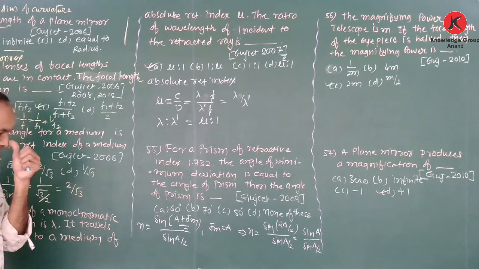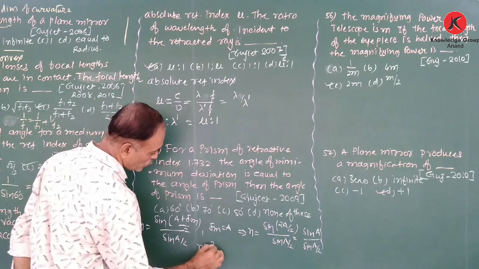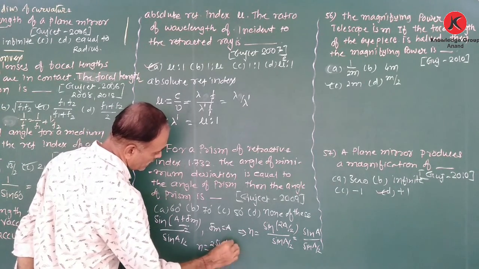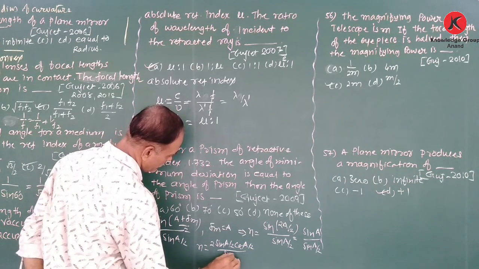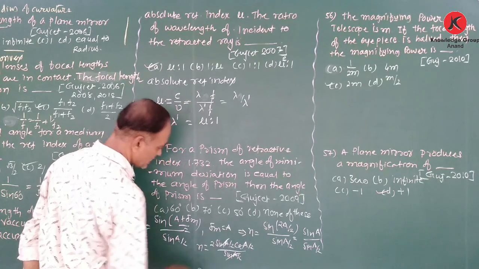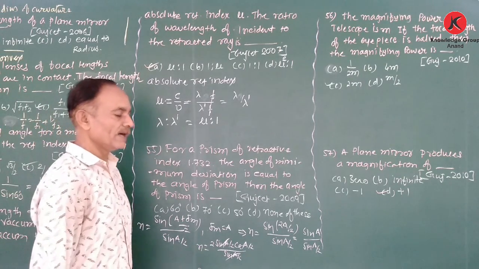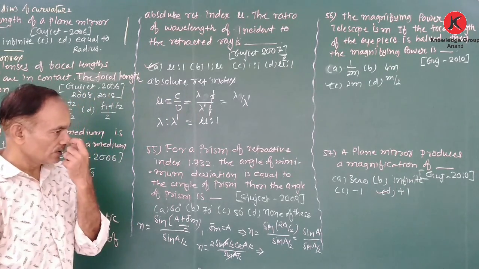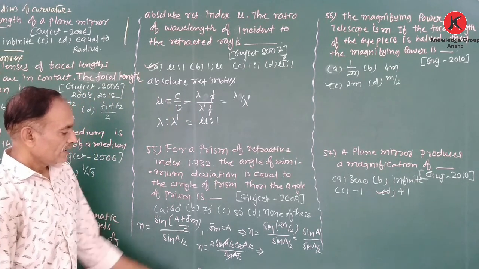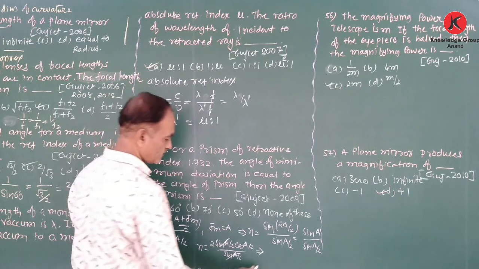Now, n is equal to 2 sine A by 2 cos A by 2 upon sine A by 2. The sine A by 2 cancels. Therefore cos A by 2 is equal to n by 2, that means 0.866.